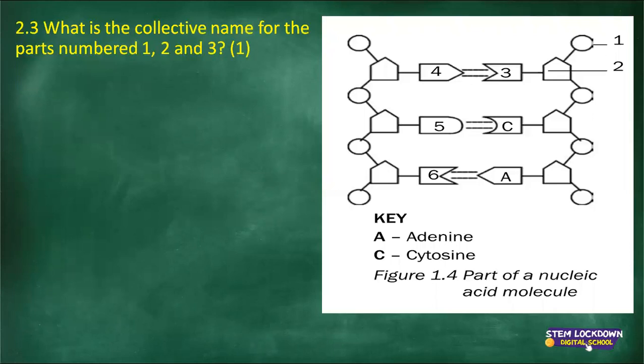Okay. So this one I'm going to take my time. It's like I moved fast in the previous slide. The question says, what is the collective name for the parts numbered 1, 2, and 3? That is 1 mark. Okay, you send your answers through. If you are clever, you will almost get it right.